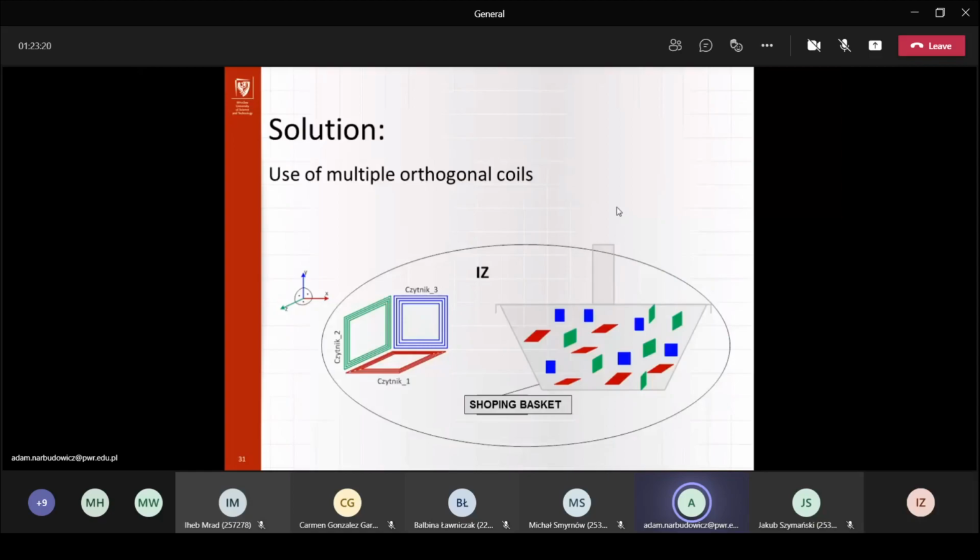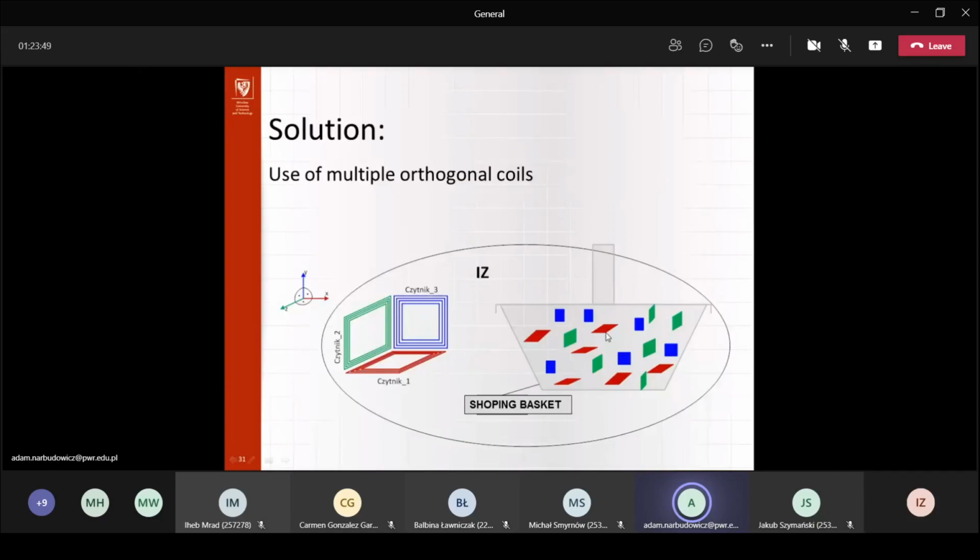And as I mentioned, for this application you will have RFID tags in different orientations, so you cannot guarantee they will always be parallel to the coil. In practical terms, the shopping systems simply use multiple coils, preferably located orthogonally to each other.